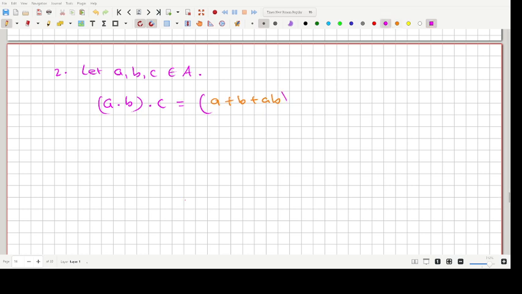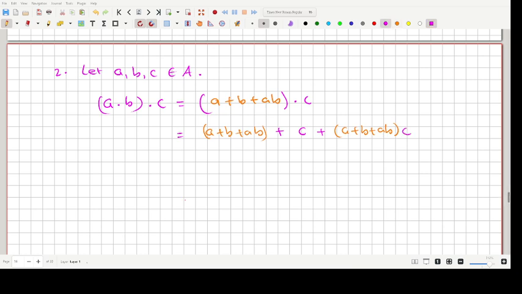Now that is operated along with c, right? So this would give us a plus b plus ab, plus c plus, okay, so this is one number, so plus a plus b plus ab multiplied by c, correct?